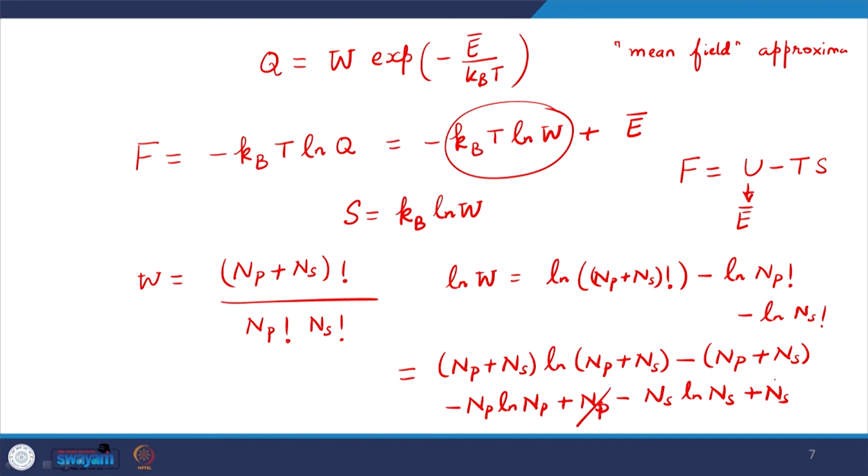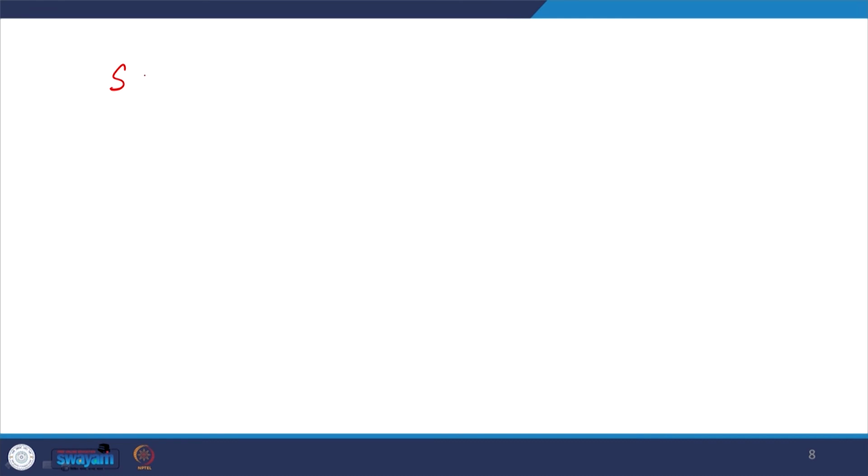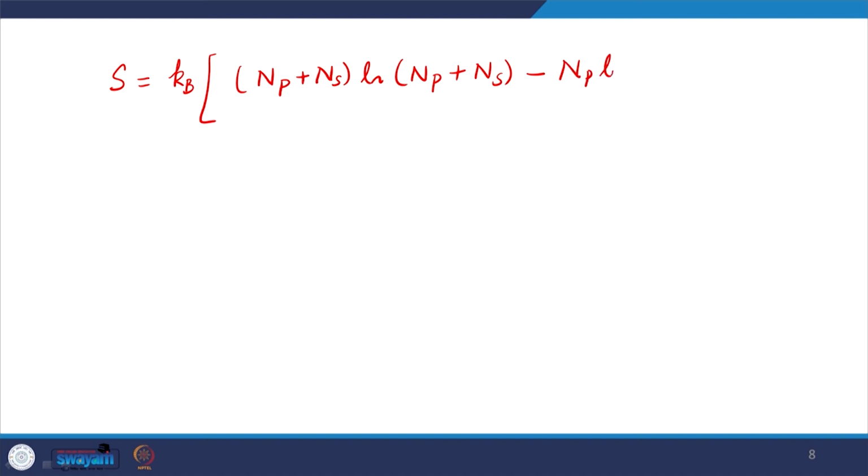So, again there are cancellations and what we can find is my S is equal to kB multiplied with Np plus Ns ln of Np plus Ns minus Np ln Np minus Ns ln Ns.